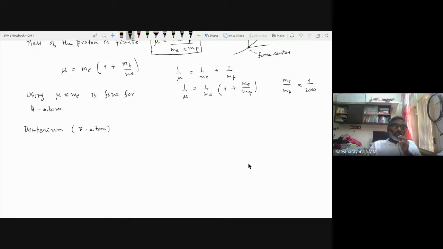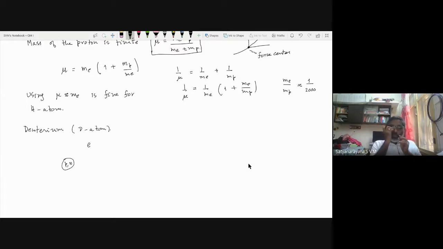So what is deuterium? Its mass is higher because there is one proton and one neutron. Correct. So you have a nucleus, and in the nucleus you have a proton and a neutron, and then there is an electron. So what is the change between this and that?